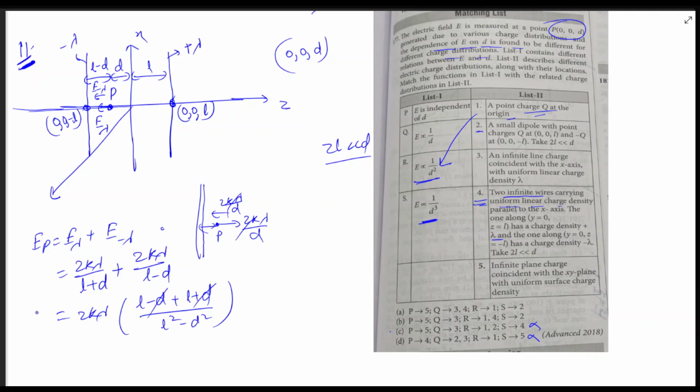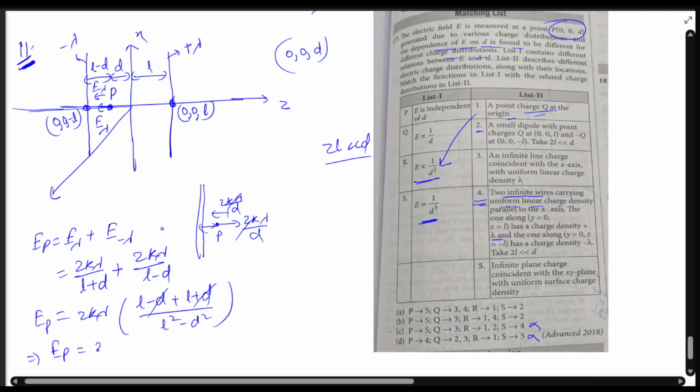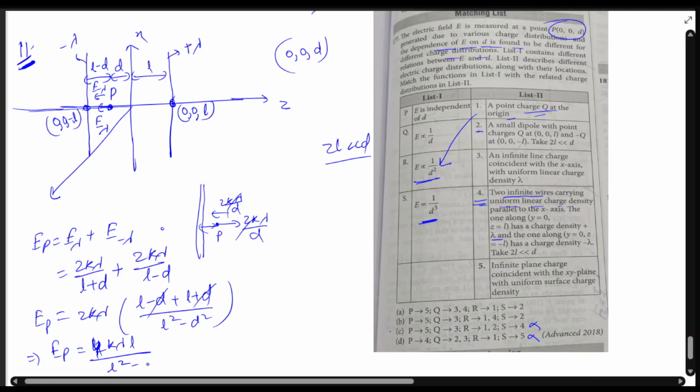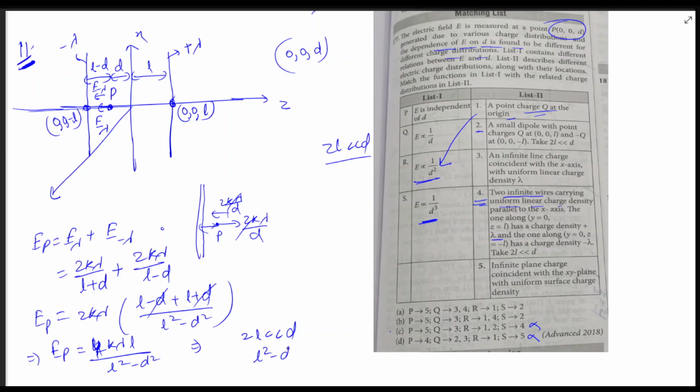So D will get cancelled, and we're left with E at point P will be 2k lambda times 2L, so this will be 4L, divided by L square minus D square. Now, as 2L is much less than D, we can just write L square minus D square as minus D square.